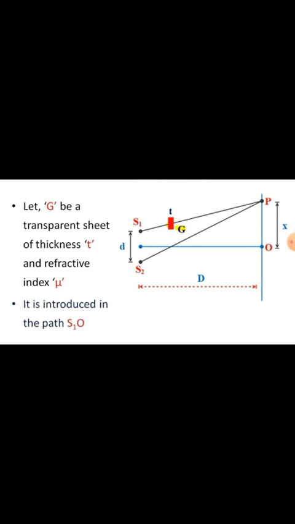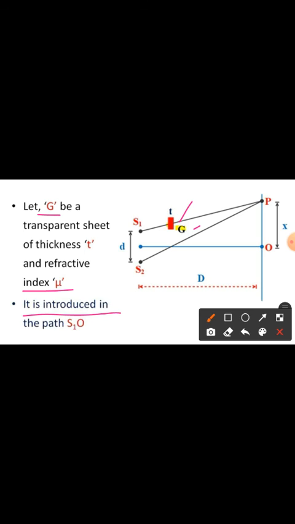So let G be a transparent sheet of thickness T and refractive index mu. It is introduced in the path S1O.